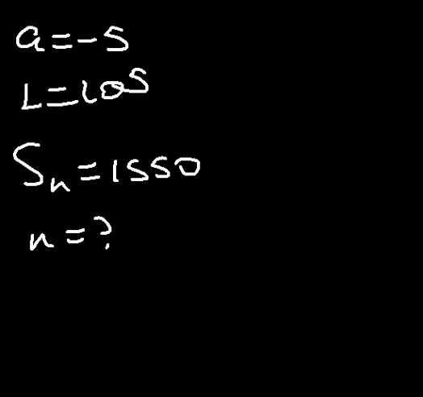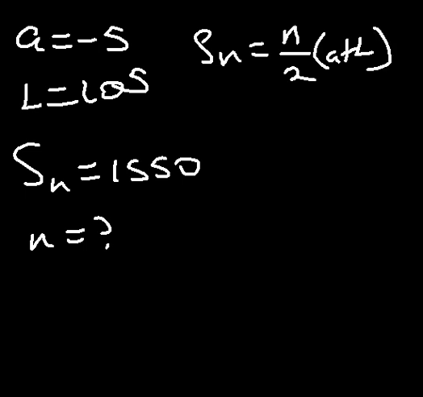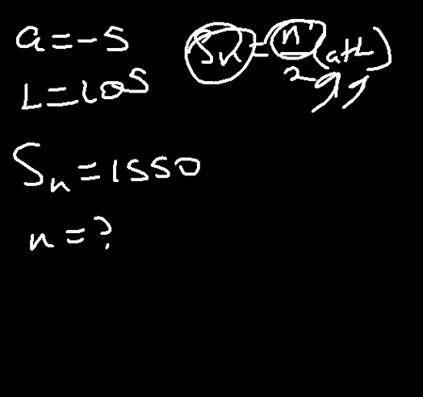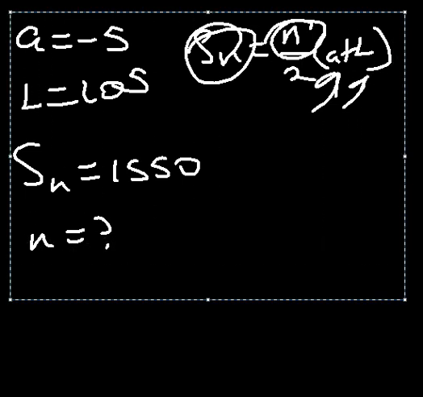Since we have the last term, we use the other formula, which says the sum of n terms is n over 2 times the first term plus the last term. We have the first term and the last term, so we'll be able to get the number of terms. So take note of that. And also at your own time, try to go through this question.